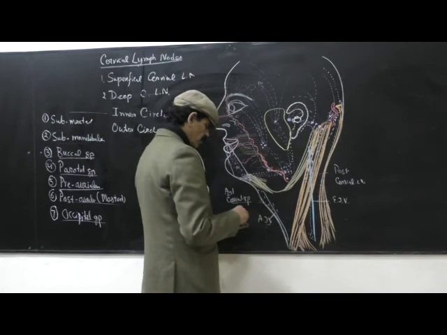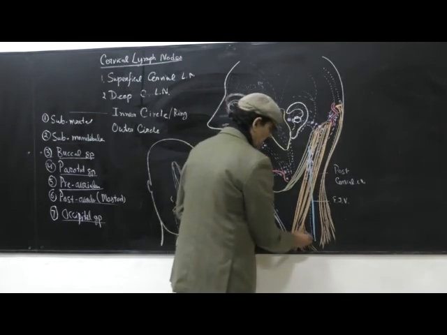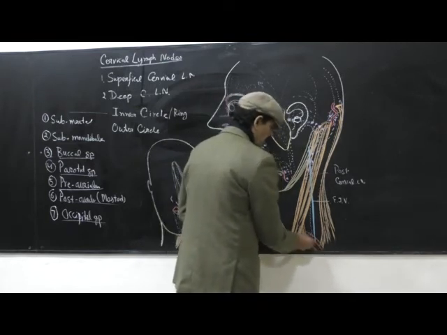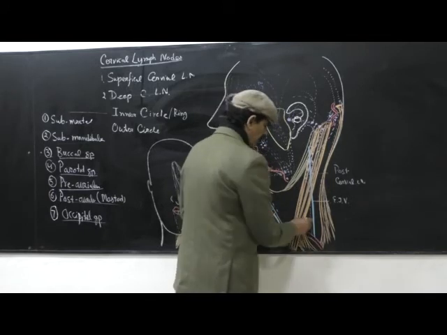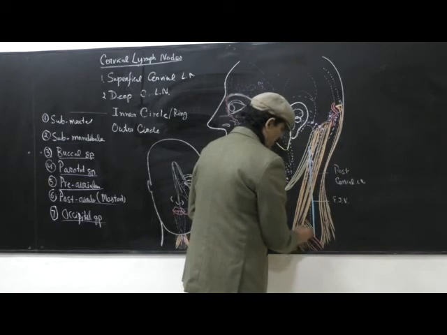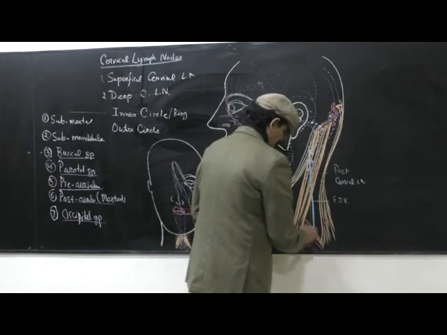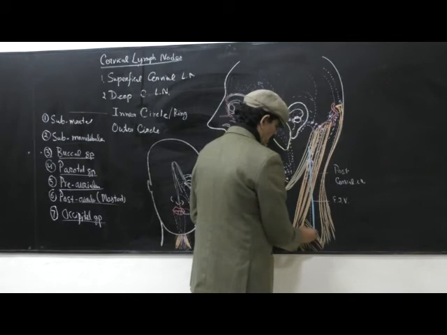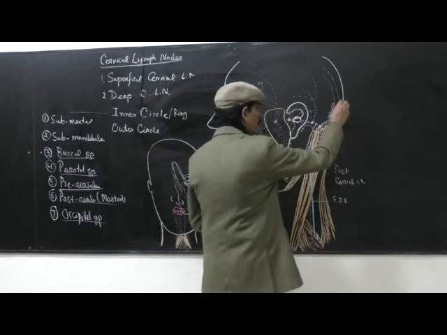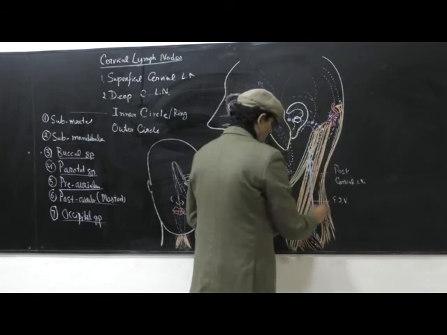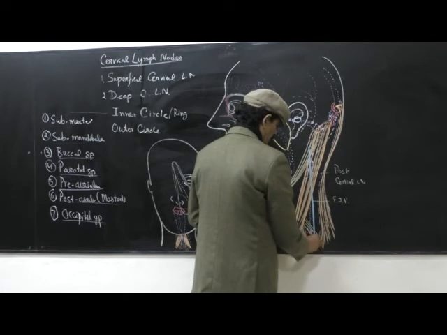Supraclavicular group of the lymph nodes, which are lymph nodes present in relation to the subclavian artery or the brachial plexus, in the lower part of the contents of the posterior triangle. These lymph nodes receive lymph from the occipital group and from the posterior cervical group also.